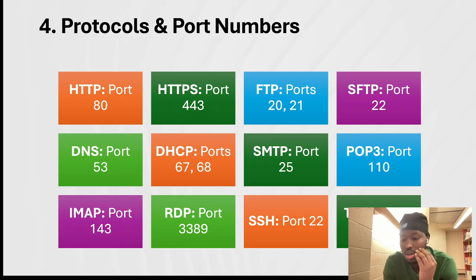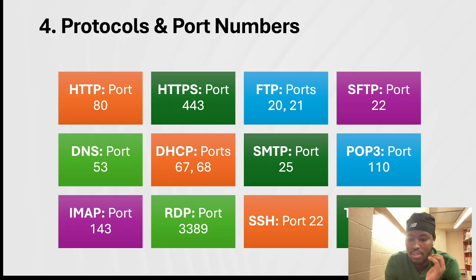FTP uses ports 20 and 21, while SFTP uses port 22, the same as SSH. DNS operates on port 53, translating domain names to IPs. Those two are very essential.